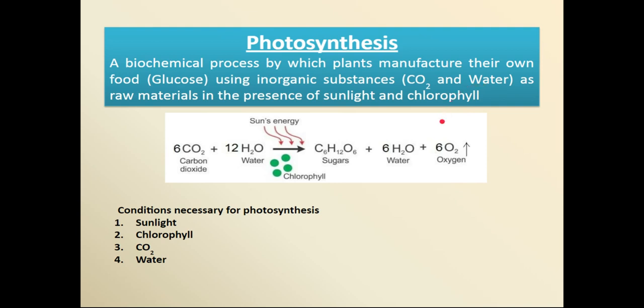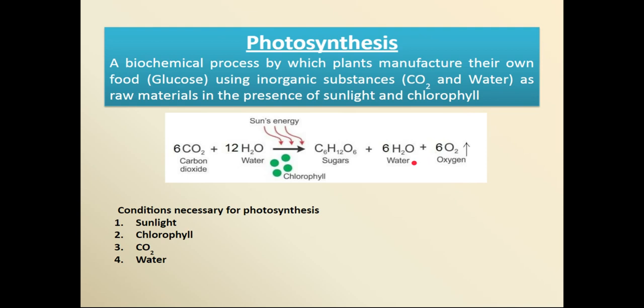This process is presented in terms of an equation: 6 CO2 molecules are combined with 12 water molecules in the presence of sunlight and chlorophyll. Simple sugar is manufactured, C6H12O6, and 6 molecules of water along with 6 O2 molecules are released as a byproduct.